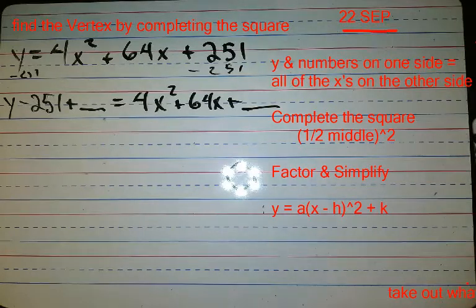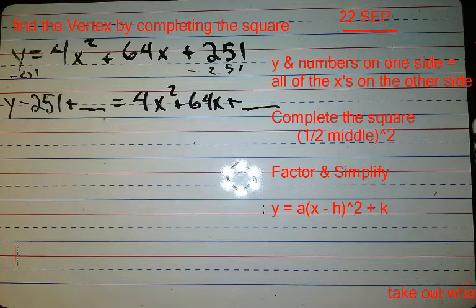Now then, this is where we have to add another step. I have to do the one thing I didn't do the other day. Yesterday I did not have to take out what was common.